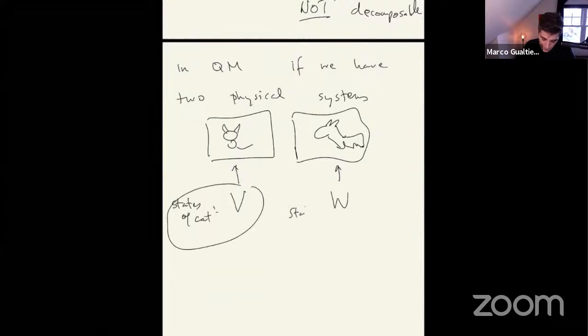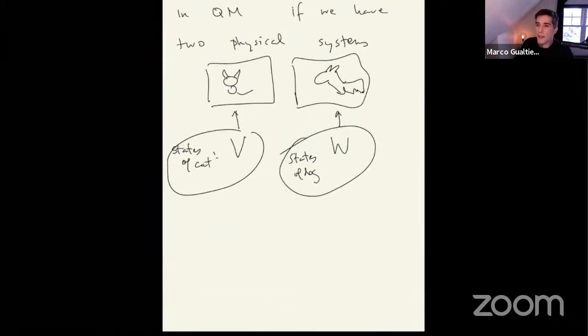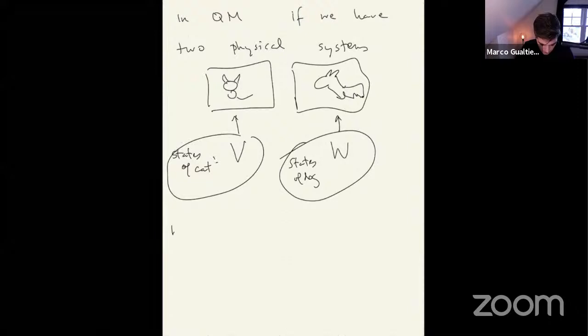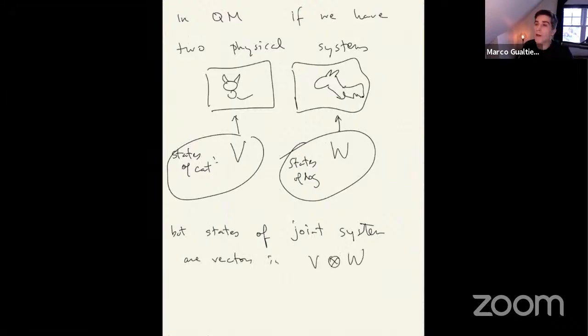And the states of the dog are W. But now if we stop focusing on each animal separately and we just look at the pair of animals together as one single system, the states of the joint system are vectors in V tensor W.